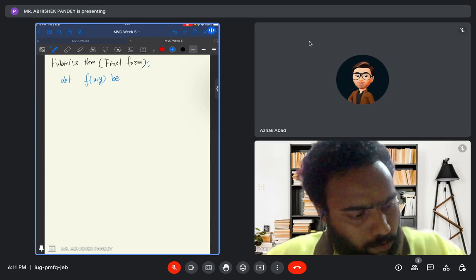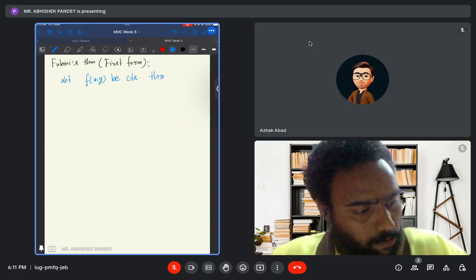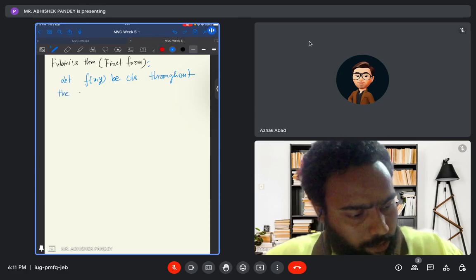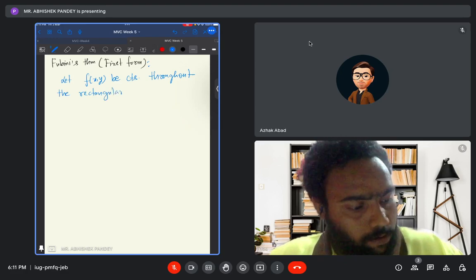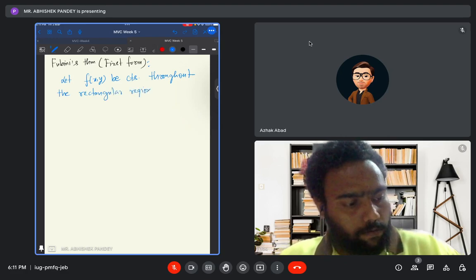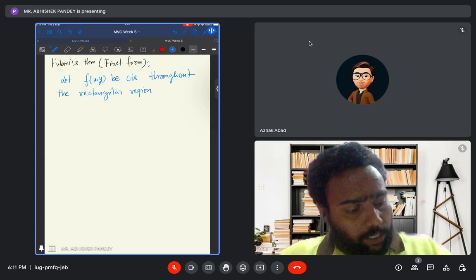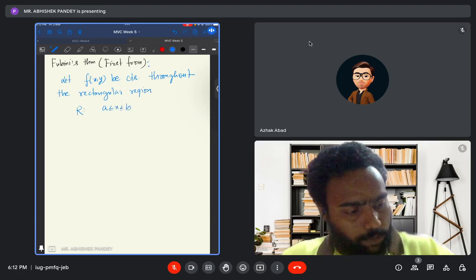Let f(x, y) be continuous throughout the rectangular region R. So basically x is from a to b and y is from c to d.